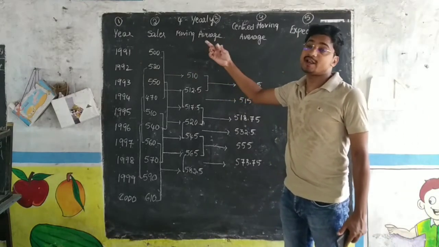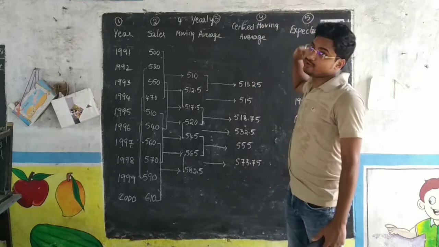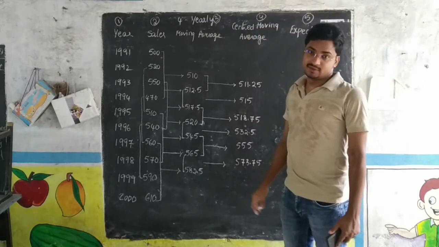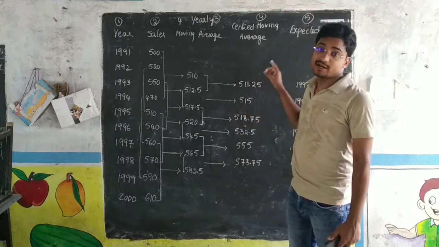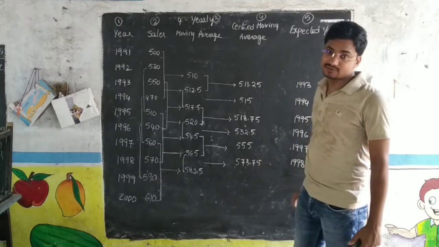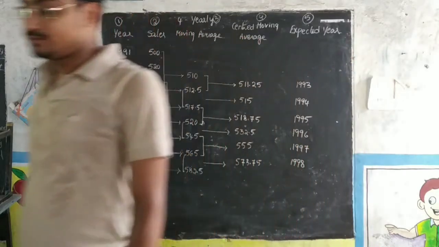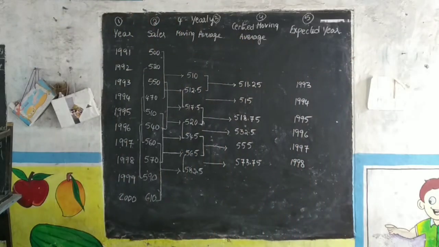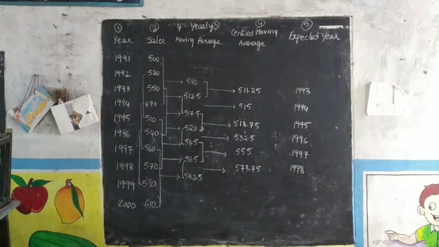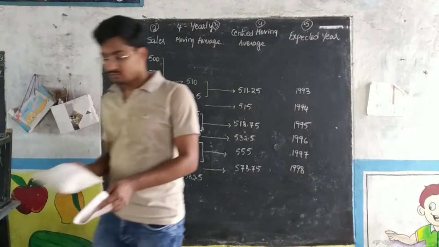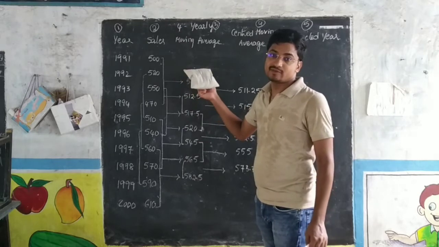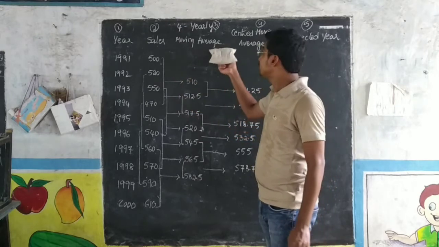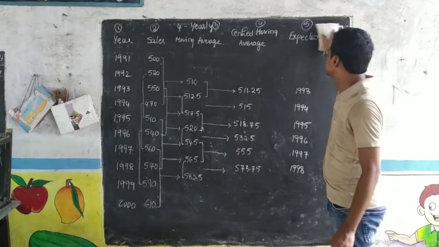After that we draw a trend line by using the fourth and fifth columns, not the third.